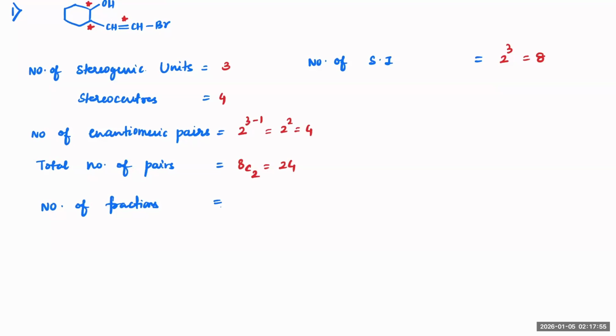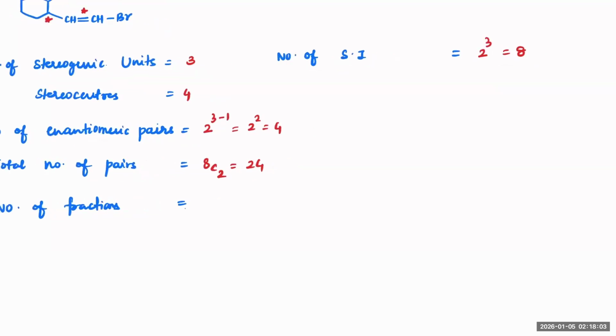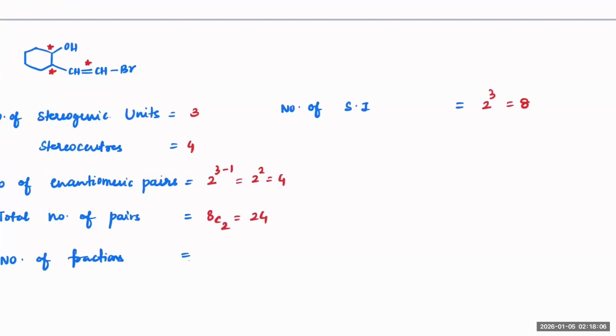Now, since we have 4 enantiomeric pairs, what kind of compounds can we have? So check it out. First, these two are chiral centers, and this one will show cis and trans isomers. So I'll put it like this: 4 cases we can have cis, and 4 cases we can have trans.